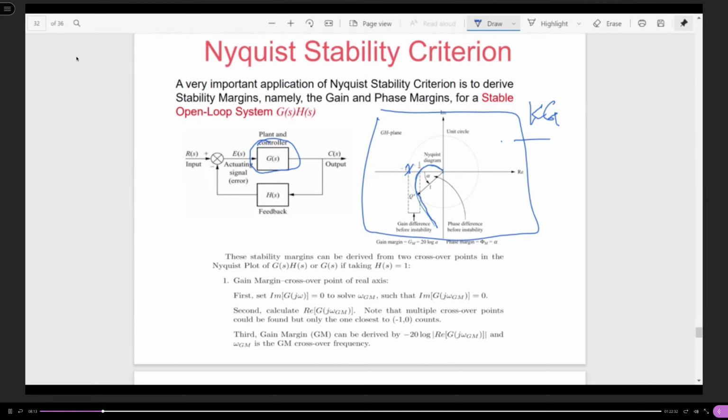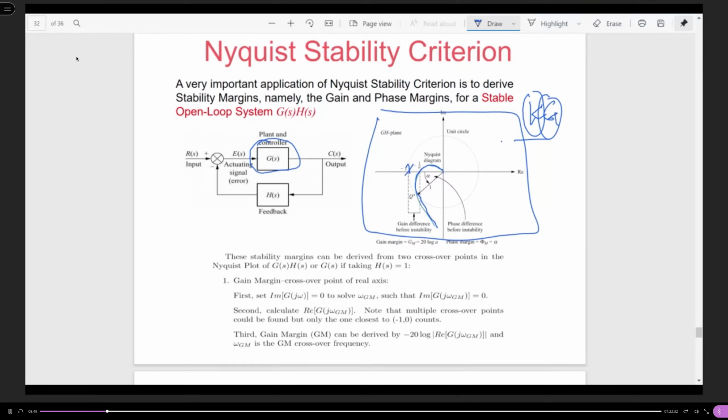Because K is purely a gain, it does not affect the phase of the G of S Nyquist plot. So it will expand the plot radially. Every direction is going to be expanded or shrunk by the same factor, depending on the value of K.